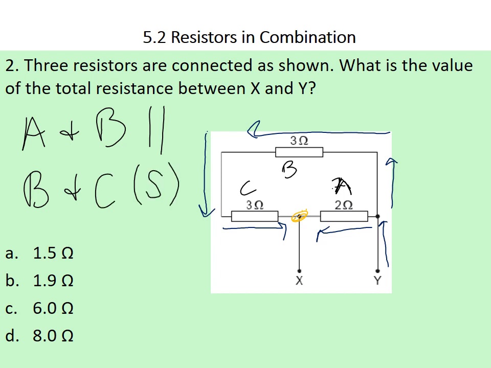With that in mind, whenever you're getting the total resistance for a combination circuit like this, where you have both resistors in parallel and in series, you start by getting the total resistance in series first, anything in series. You start with the series resistors, then you combine parallel branches.